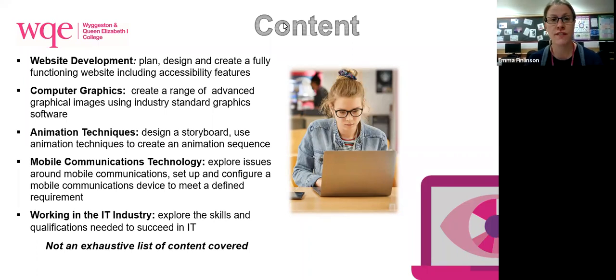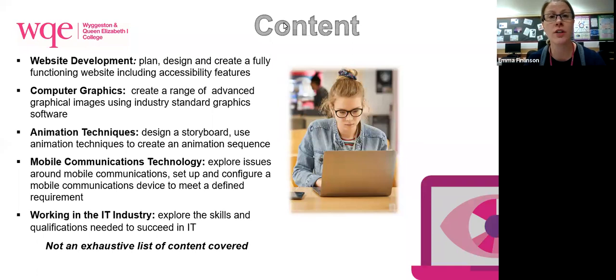All the design features and interactivity would be discussed in that section. Finally, you would be coding and creating your own fully functioning website for the customer, including lots of accessibility features. For example, if a user is visually impaired, you would have the option of increasing the text size to make it easier for different users to access the website.